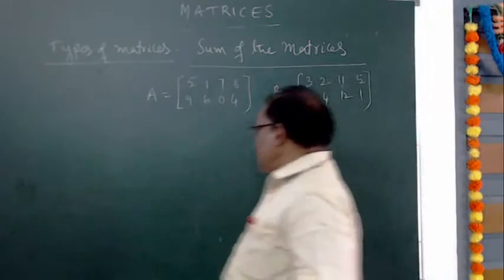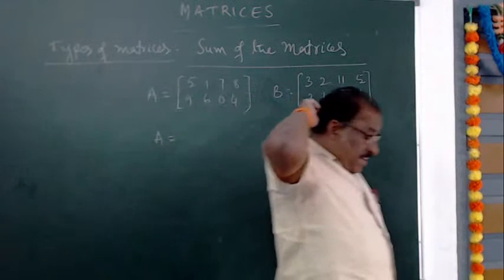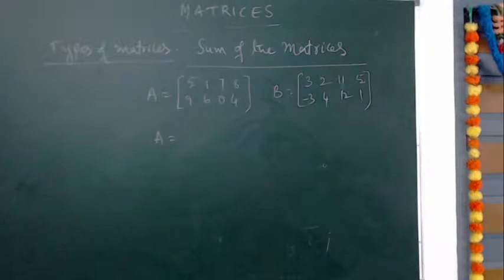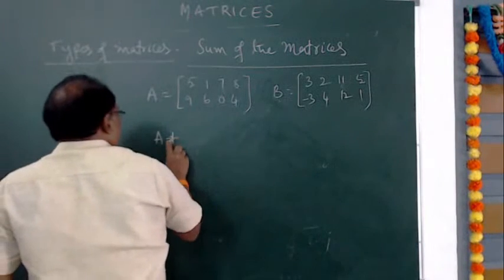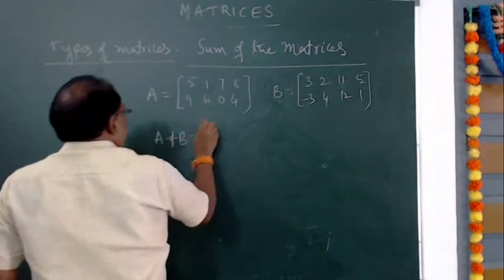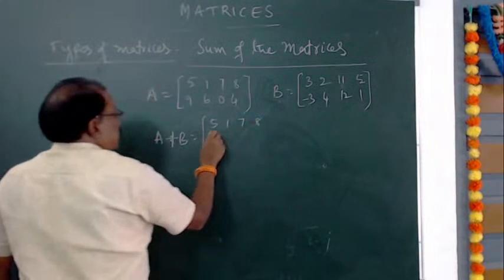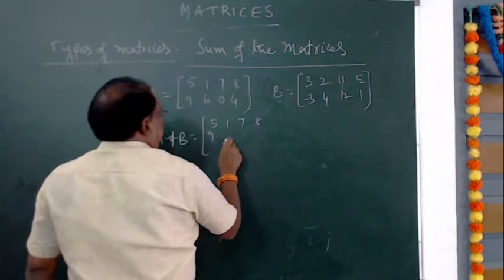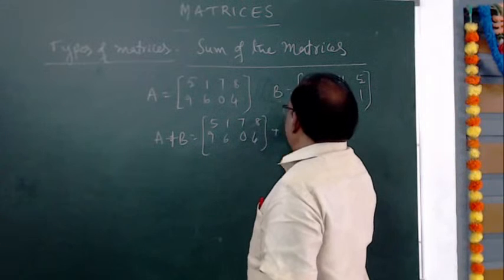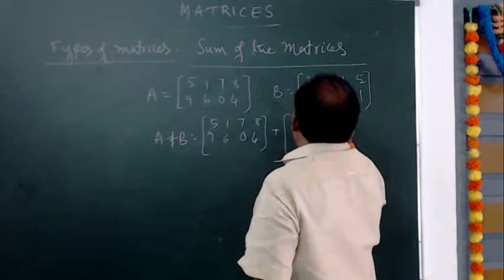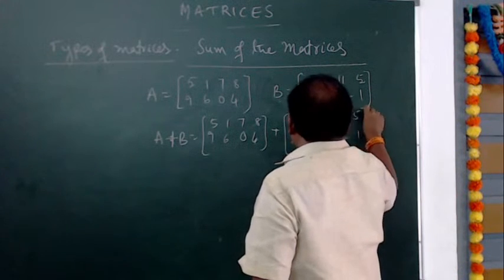So I simply add these two matrices. Therefore, A plus B is equal to 5, 1, 7, 8, 9, 6, 0, 4 plus 3, 2, 11, 5, minus 3, 4, 12, 1.